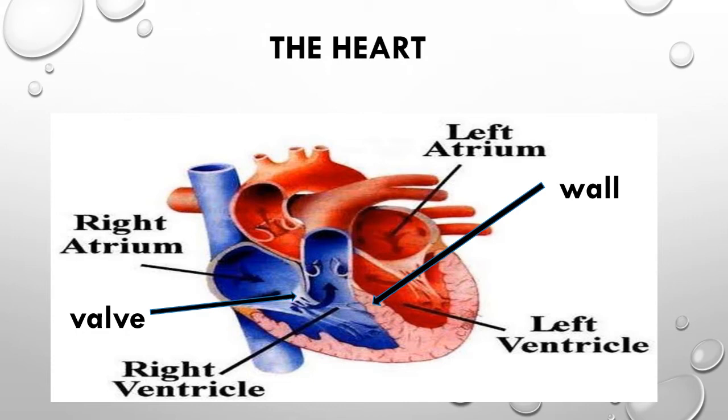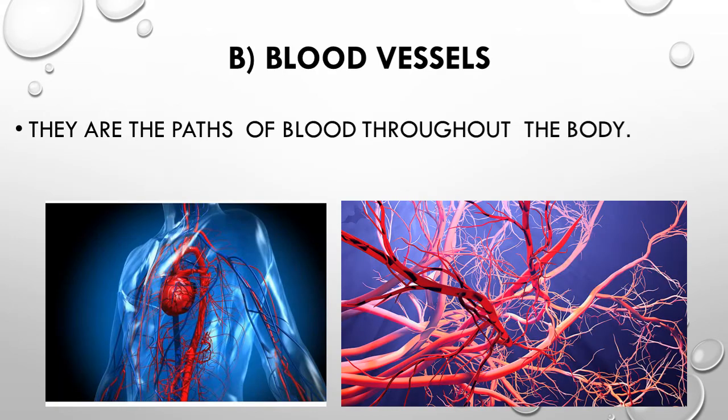There is a wall that separates the right side and the left side to prevent mixing of blood in both sides. And also there is a valve between each atrium and ventricle to allow blood to flow from the atrium to the ventricle and prevent it from returning back.